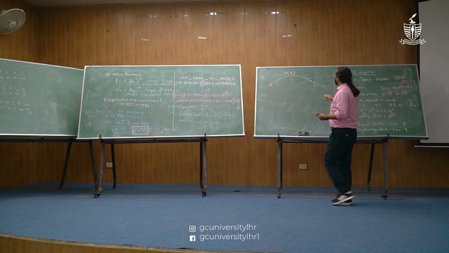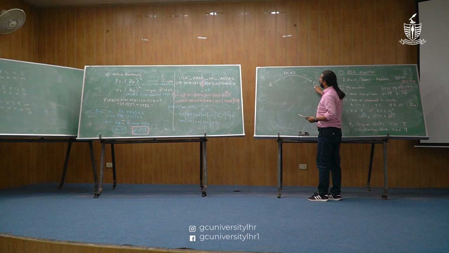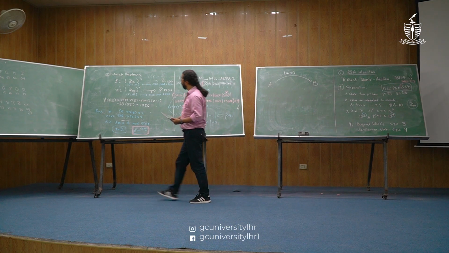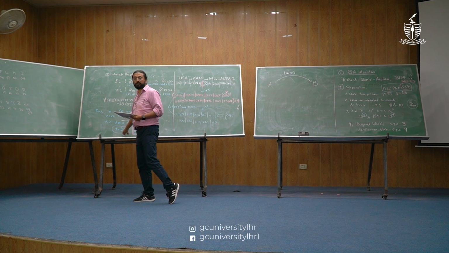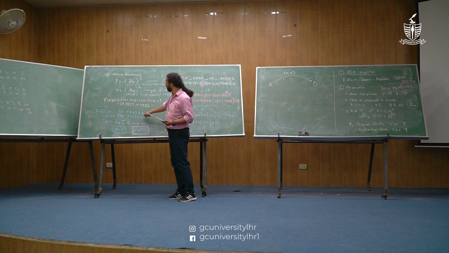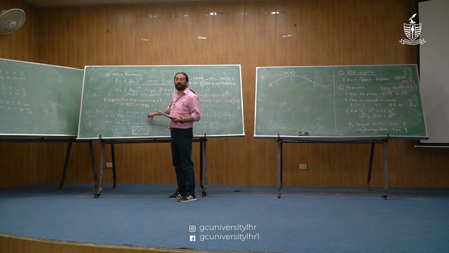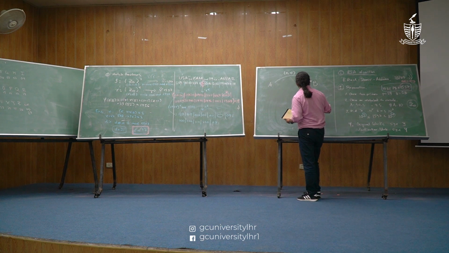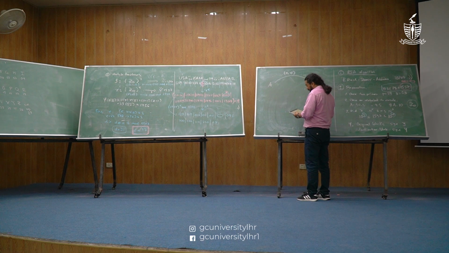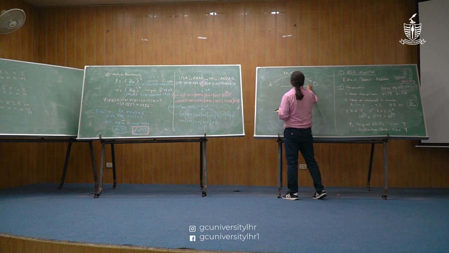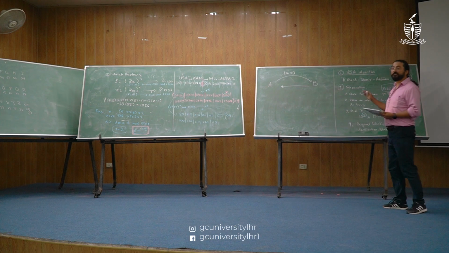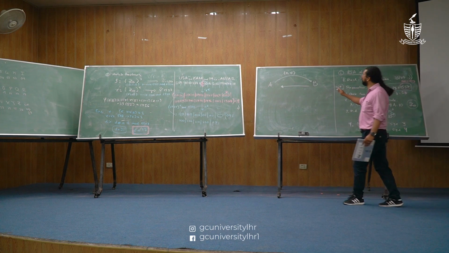And then if Bruno wants to decode this, then he will need to find D, right? But we can find D just by using the Euclidean algorithm in this part. So with this information, Bruno will be able to send a message. In fact, Bruno is not receiving a message.